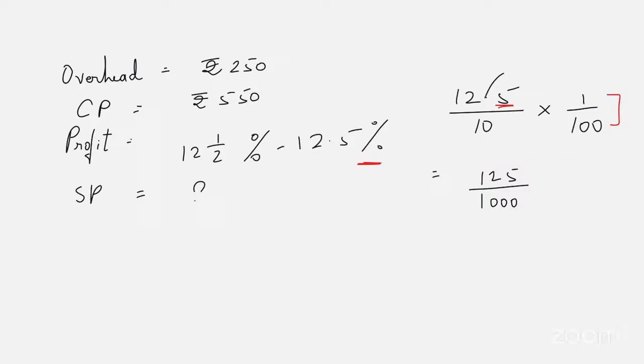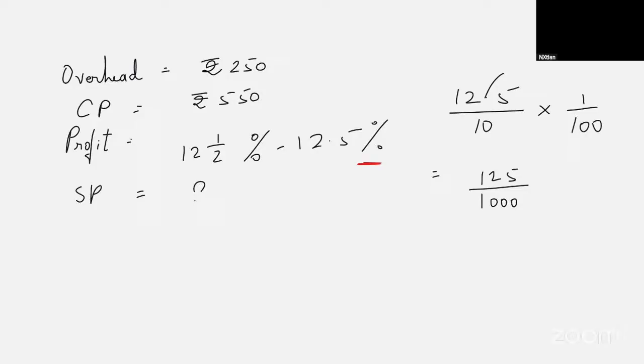Ma'am, but why would you write 10? 10 is to remove the decimal of 12.5. It was not 125 earlier, it was 12.5. Now to remove the decimal, we remove the decimal and put 1 and 0 beneath for the decimal places.